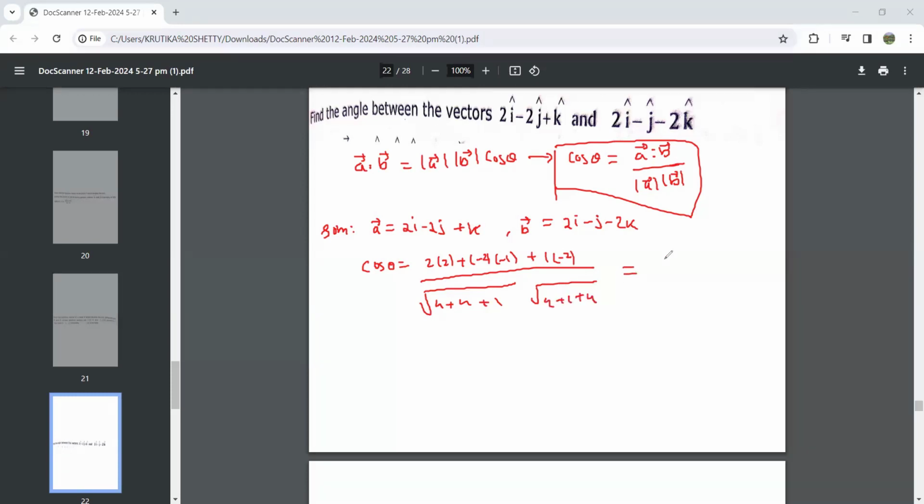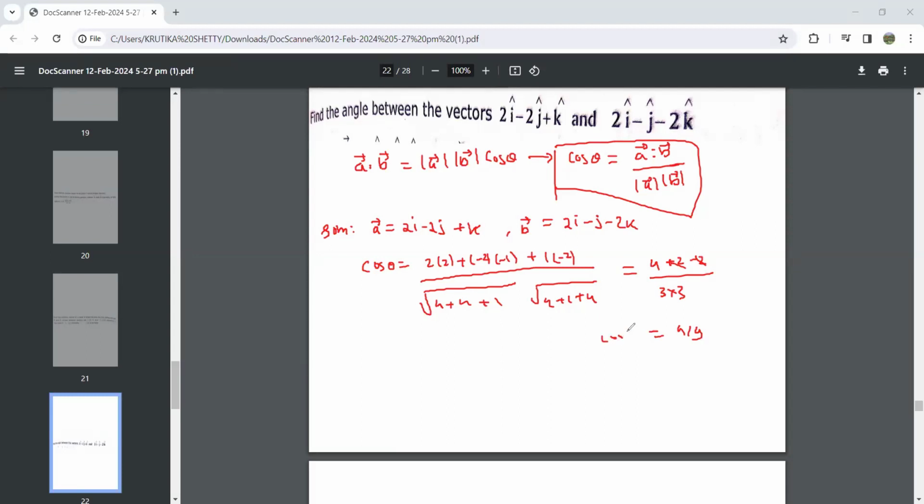On simplifying it further, we get 4 plus 2 minus 2 divided by root of 9 into root of 9, it will be 3 into 3, so the value will be equal to 4 upon 9.